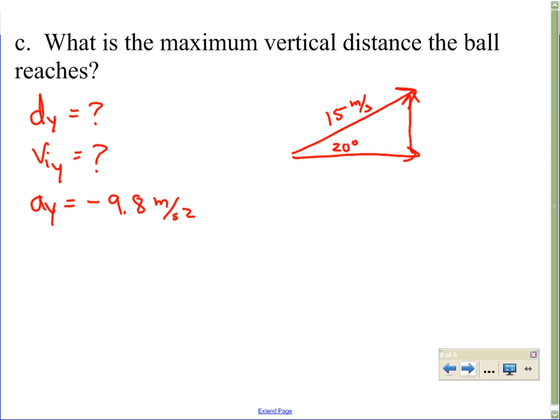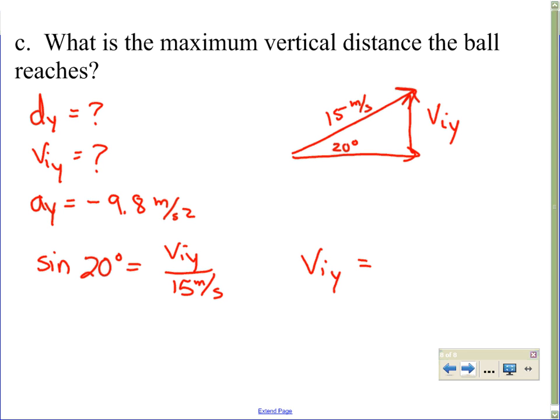And Vy is this initial velocity of the ball. So in this case, we need to use our sine function, and the sine of 20 degrees equals VIY over 15. Remember, we're calling it VIY because it's going to decrease over time because of the acceleration due to gravity, whereas Vx has no acceleration in the horizontal plane. So VIY is 5.13 meters per second.